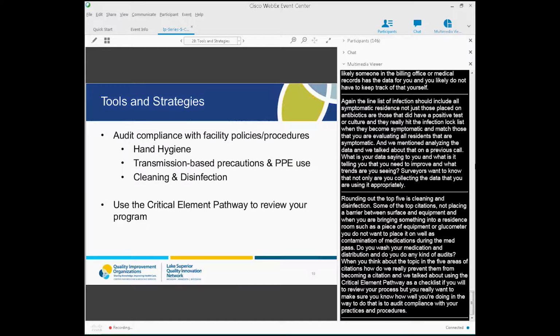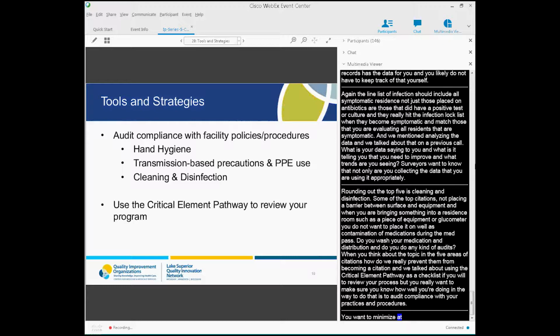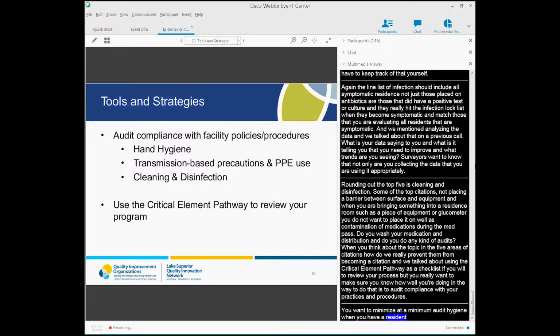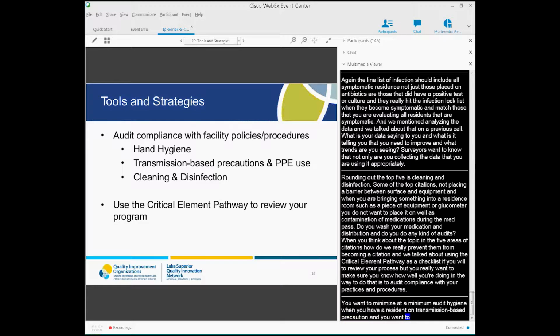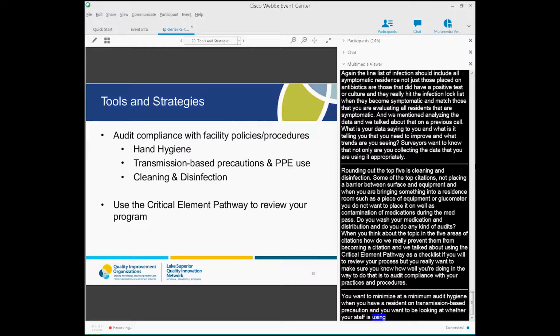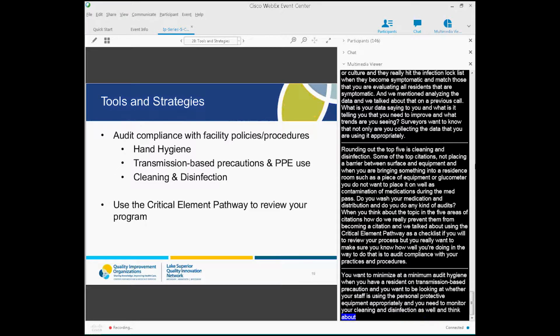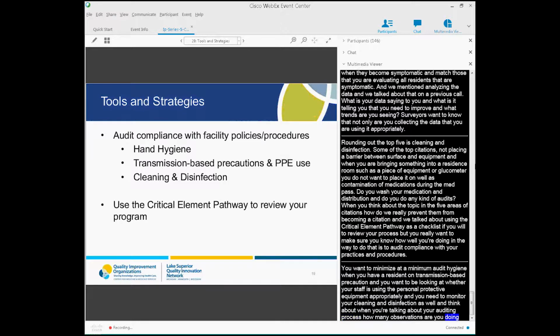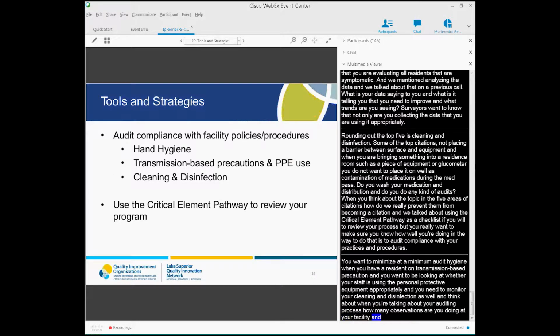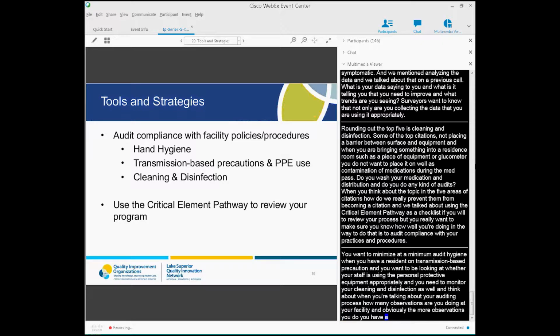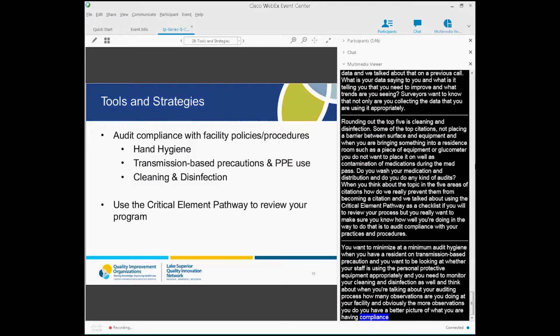When you have a resident on transmission-based precaution, you want to be looking at whether your staff is using the personal protective equipment appropriately. You need to monitor your cleaning and disinfection as well. So think about, when you're talking about your auditing process, how many observations are you doing in your facility? Obviously, the more observations you do, you have a better picture of really what your compliance really is and what the surveyors may actually see as they are within your facility.